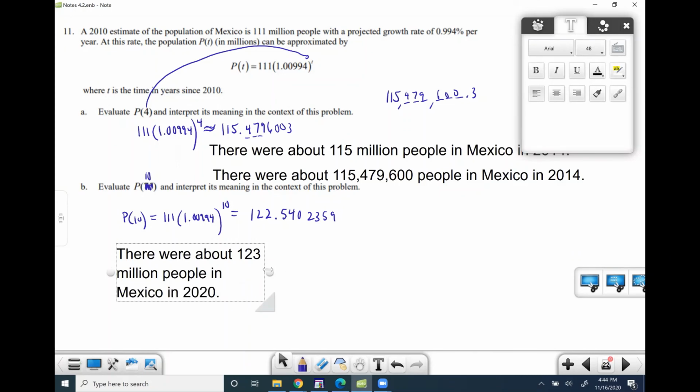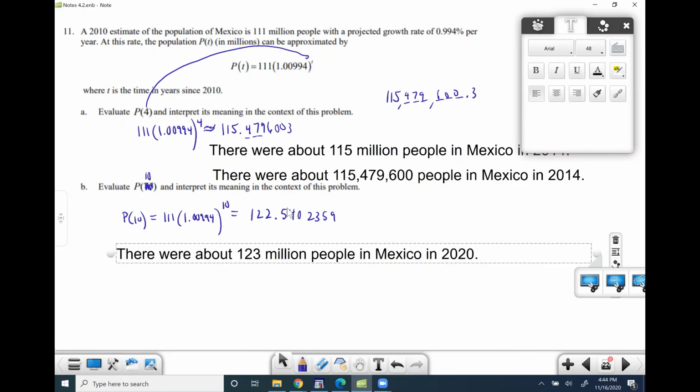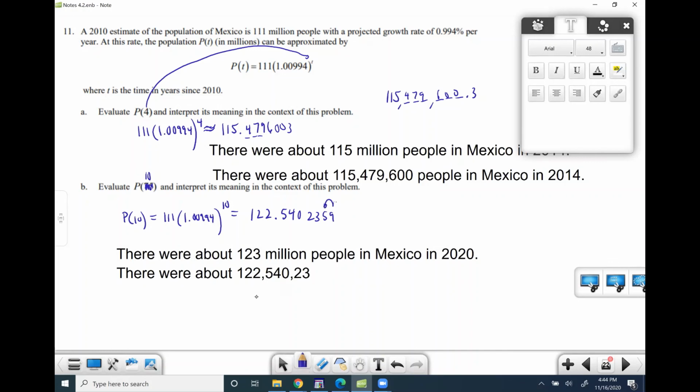So they just basically took the 5 and rounded it up. 5 makes this 2 become a 3. I don't like that as much as there were about 122,540,2, 3, and this 9 is going to round the 5 up to a 6. So let me go ahead and put a 6 in here.